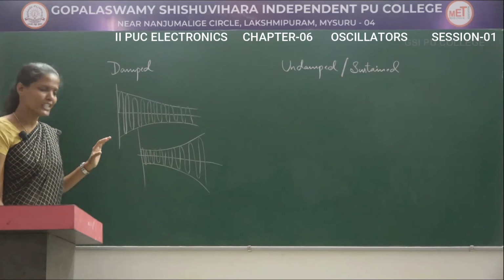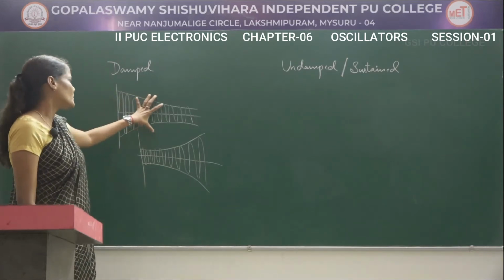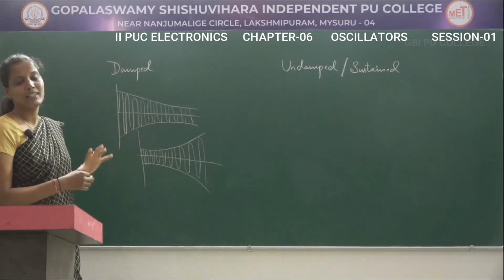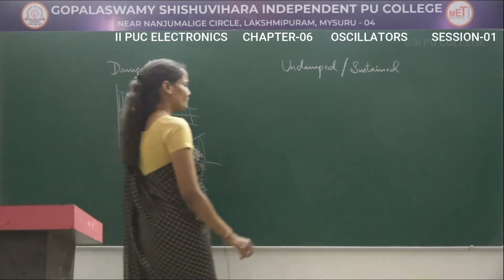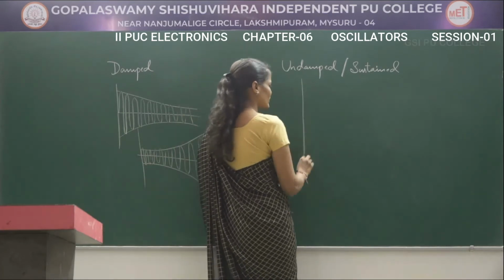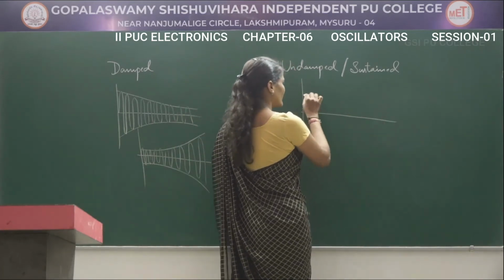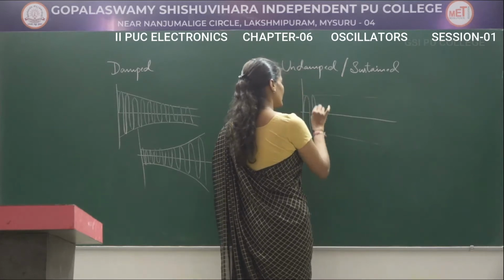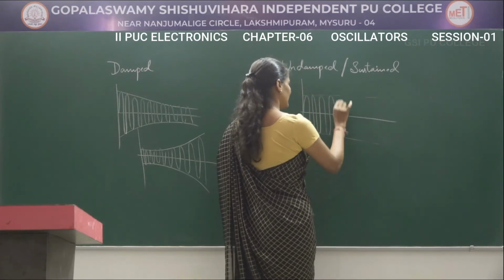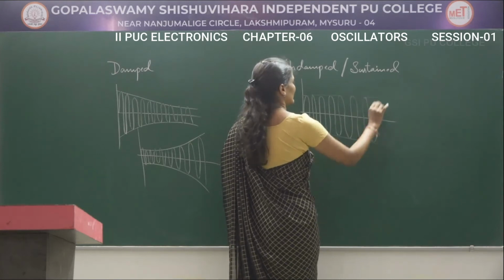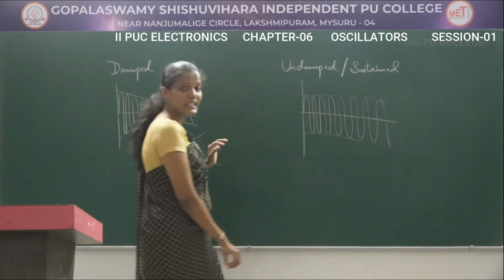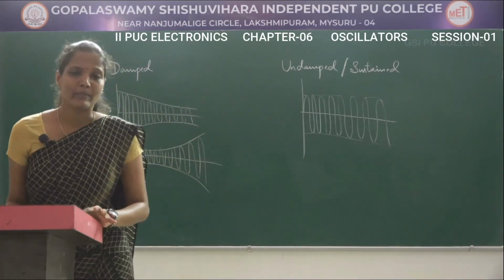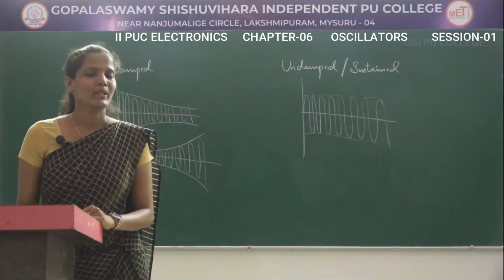An electrical oscillation in which the amplitude keeps on decreasing or increasing, provided the frequency of the signal is maintained constant. Coming to undamped oscillation, both the frequency as well as the amplitude of the signal are maintained constant, and undamped oscillation is also called sustained oscillation. So this is the major difference between damped oscillation and undamped oscillation.